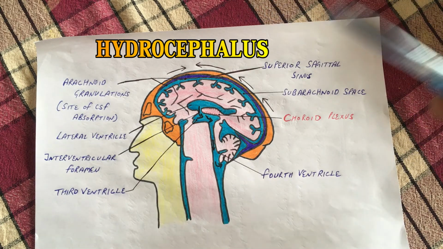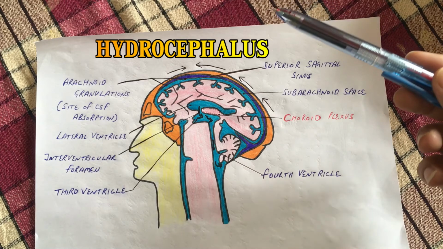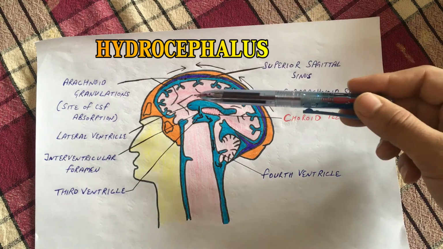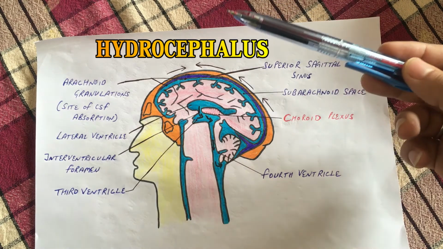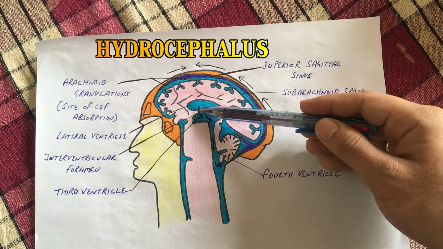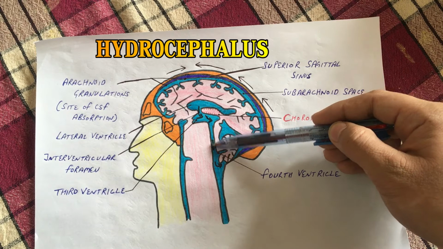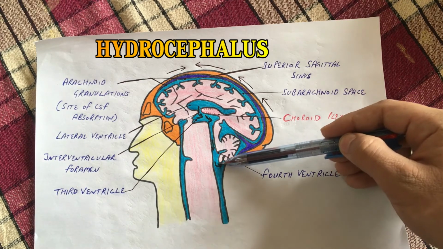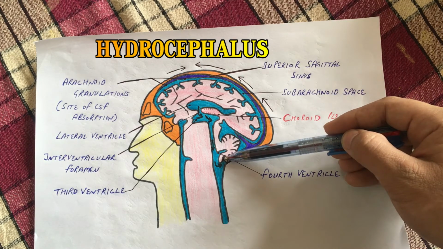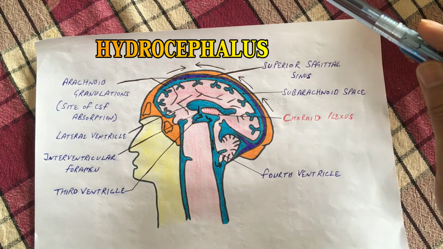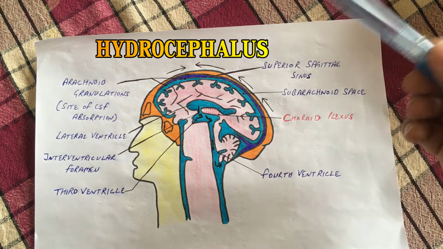Clear? It is classified as obstructive when the CSF has to pass through the narrow passages, that is through the interventricular foramen, through the aqueduct and the apertures of the fourth ventricle. Clear? So this is all about hydrocephalus.